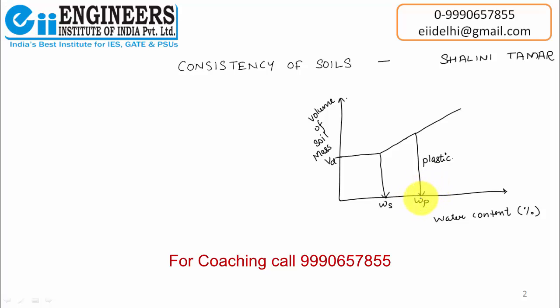Now if I add more water to the same soil, what will happen? After a certain stage, my soil will start to flow. That means it will behave as a liquid. So I am denoting it by WL. So these are the different stages. After WL, the soil will behave as a liquid, so I am denoting it as liquid state.